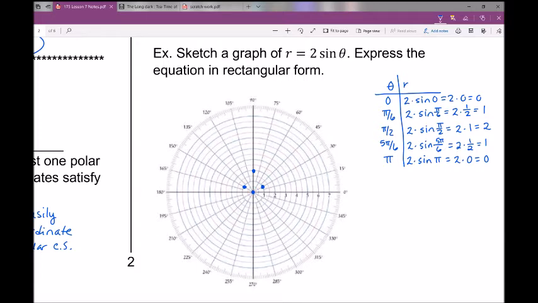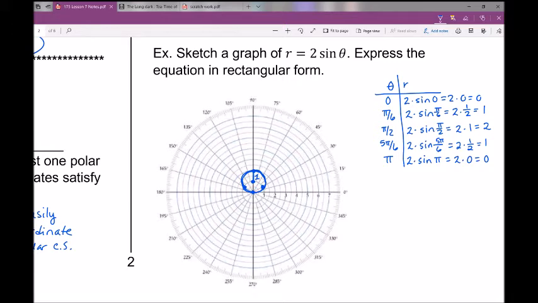So if you notice, we have these 4 points right here, and you may not be able to see it, but if you were to add in some extra points here, you would see that this makes a circle. So we have a circle going through these 4 points, and it has a radius of 1. So we have this distance right here. That's the center of the circle, the dot I'm drawing, and that is a radius of 1.